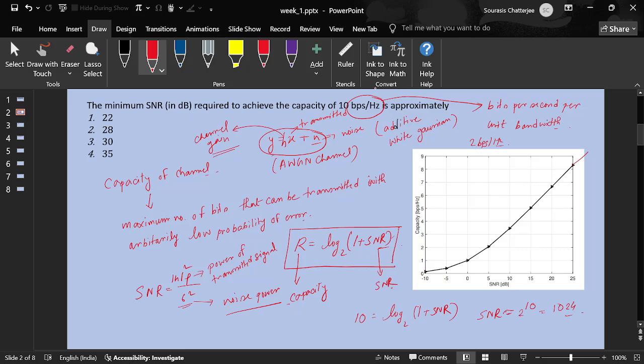If I translate it into the logarithmic scale, when they are asking for the SNR in dB, what they are asking is what the 10 log base 10 SNR value is. So it's 10 log base 10 of 1024. If I roughly approximate 1024 as 1000, that is 10 to the power 3, so I can say it is around 30.